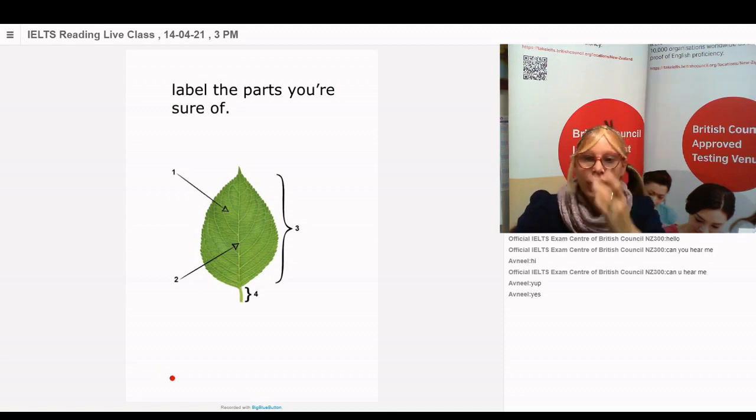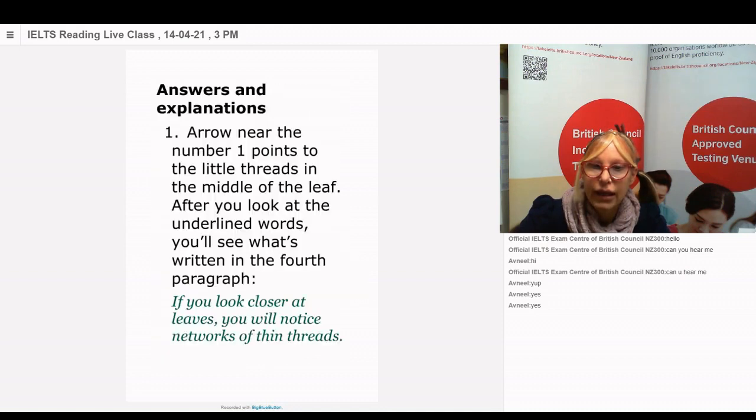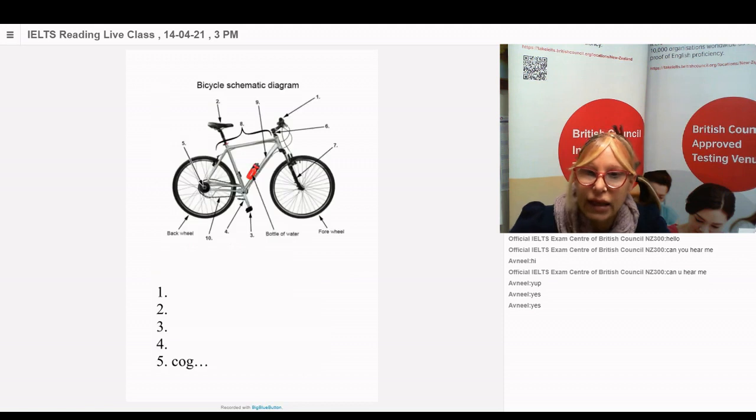Okay, thank you. All right, so this is a nice kind of easy diagram. I'm just going to take you through to a different diagram just to have a quick look. For example, this one is a bicycle, and unfortunately it didn't come out very clearly in the Word document, but you can see that it's got a lot more parts to it that you need to complete, so some diagrams are more detailed than others.